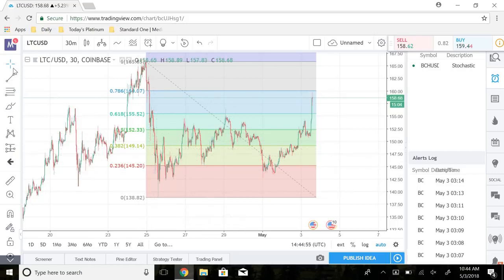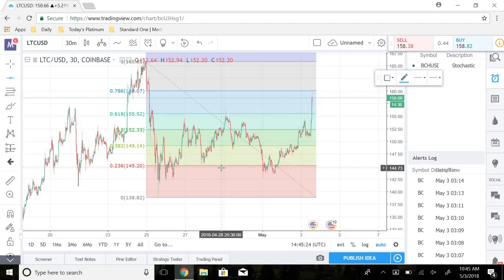So let's say I start to draw some lines here. If you guys want to draw horizontal lines, the option is the second option on the side on TradingView. So let's say we want to sell some at the 23% line. Now, like I said, a lot of other investors will be using this tool, so you're going to see a lot of people placing sell orders at, in this case, $145.20.